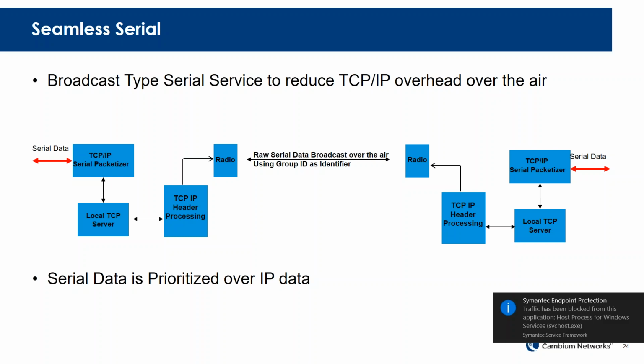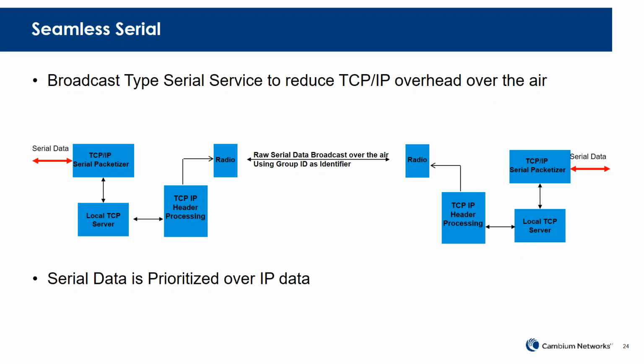So it sets up a virtual serial multi-drop network that goes out over the air. And we do two things with that data. We strip away a lot of the overhead so that we're taking away some of the Ethernet headers and the IP headers to reduce the TCP/IP overhead.